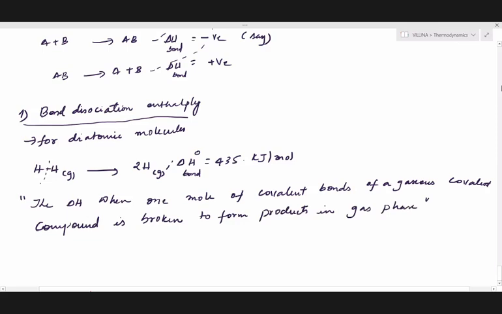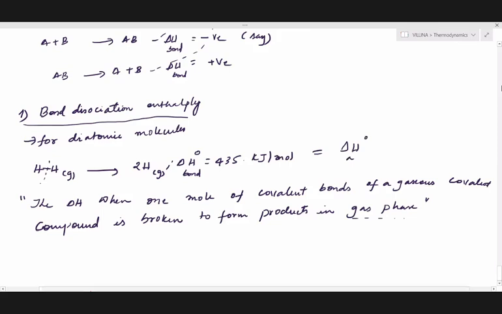So here we are breaking down 1 mole of a covalent gaseous compound to get products, and the products will be in the gaseous phase. Here this is equal to enthalpy of atomization because atoms are formed, so no harm in that.